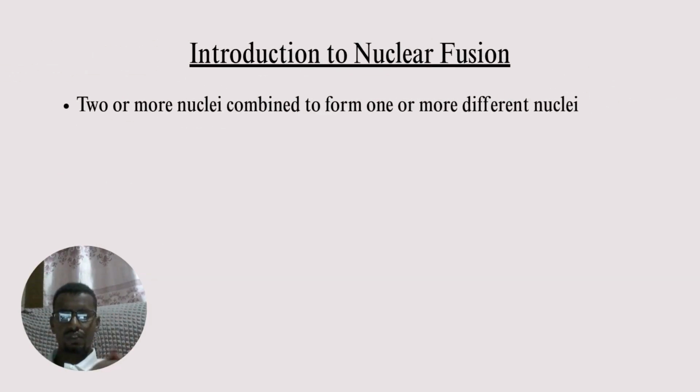Okay, it is very important to see also about nuclear fusion. Nuclear fusion is when two or more nuclei combine to form one or more different nuclei. Since the fusion reaction produces an uncharged neutron, it is very important to see the topic here.